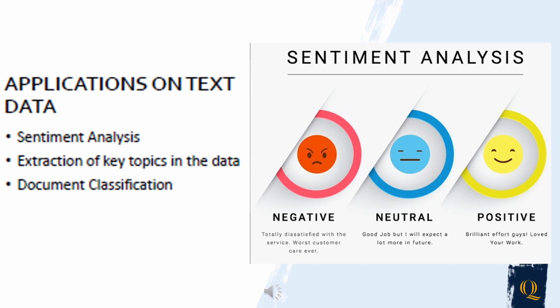And the last, document classification. This involves organizing text into predefined categories based on their content. This is especially useful in industries like healthcare or law, where large numbers of documents need to be processed and classified quickly and efficiently.